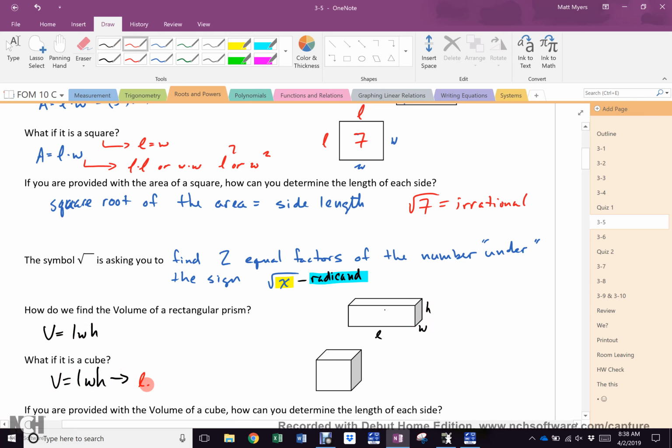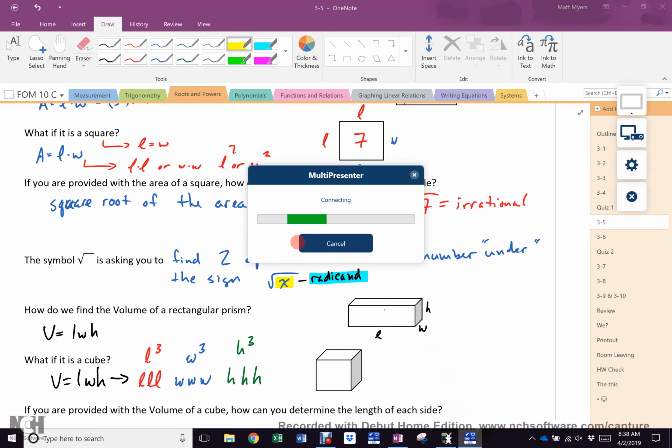So it would be LLL or WWW or HHH. Would I ever write any of those things? What would I write instead? I would write L cubed, W cubed, H cubed. Right?